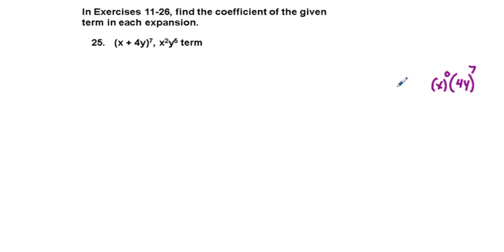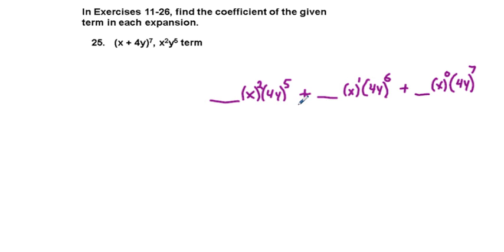Now we're coming from the right side, and some coefficient times that. And the next term over we're going to have is this 4y to the 6th power, and this x to the power of 1, and some coefficient times that. And the next one from the right is going to be this 4y to the power of 5, and we're going to have this x squared and some coefficient out front.